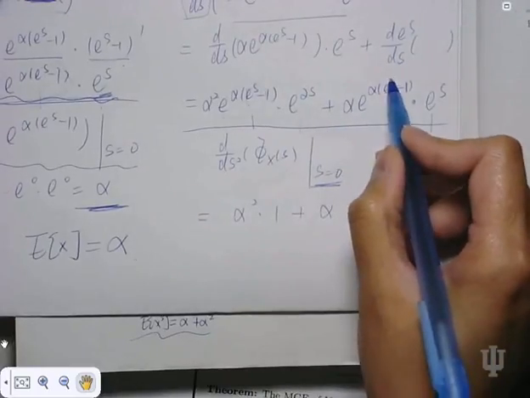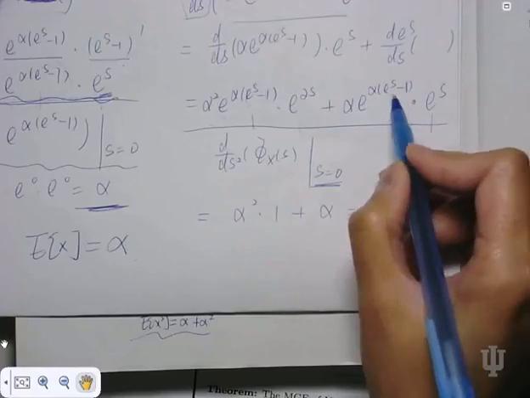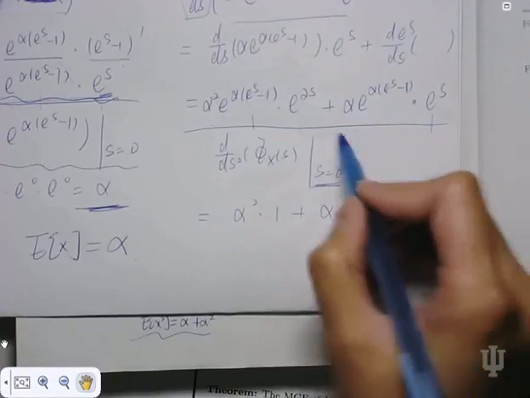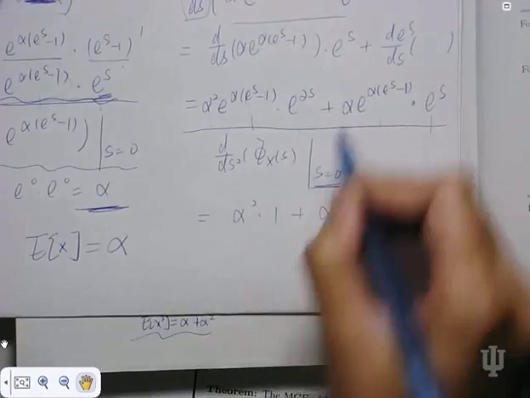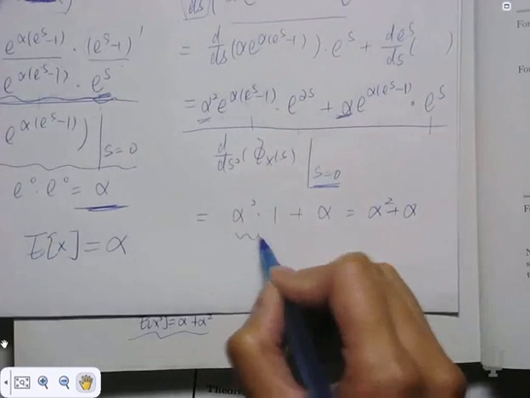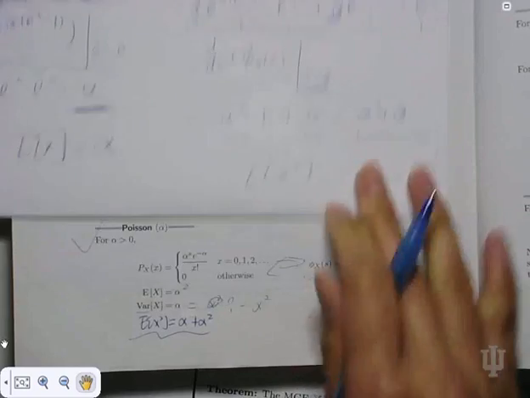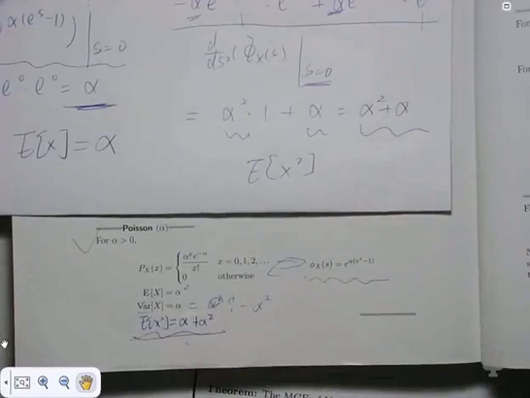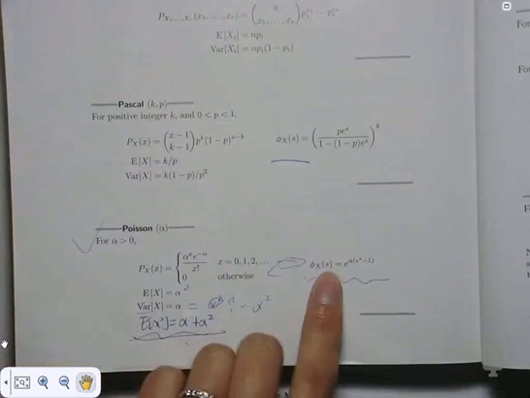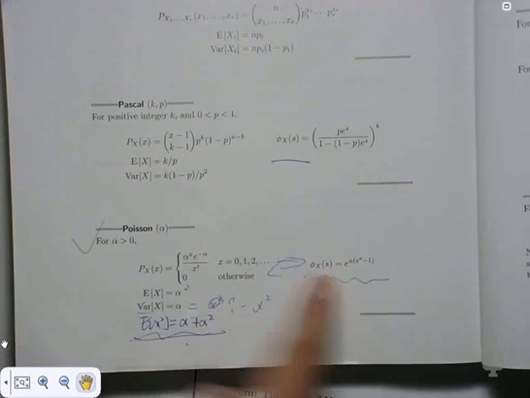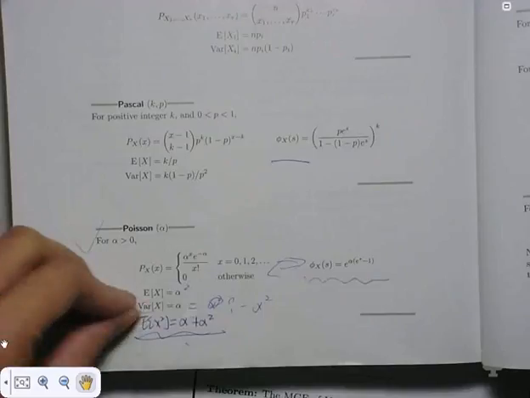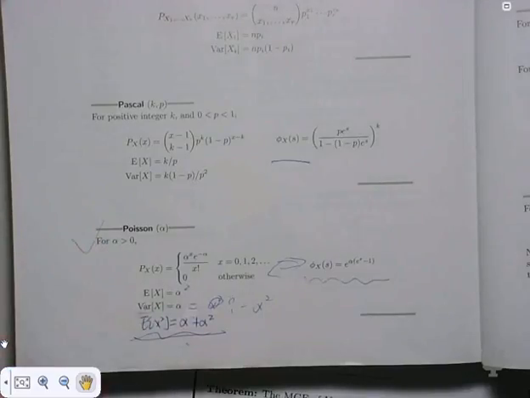So it will be alpha here, alpha square here, exactly as we saw here, right? So given the moment generating function, you'll be able to calculate any moment, right? First moment, second moment, and when you get the second moment, you can calculate the variance, right?